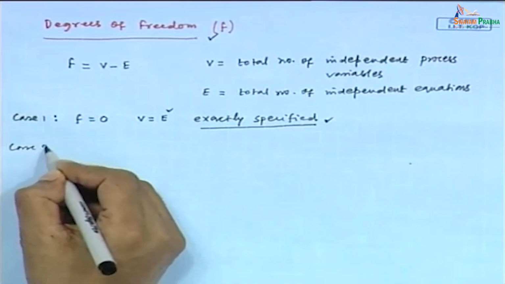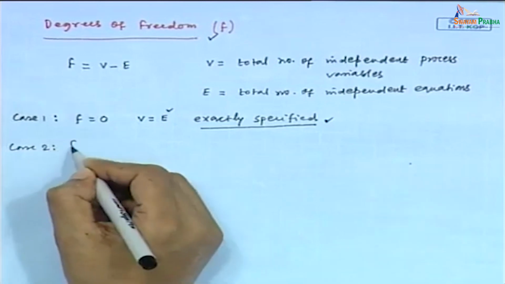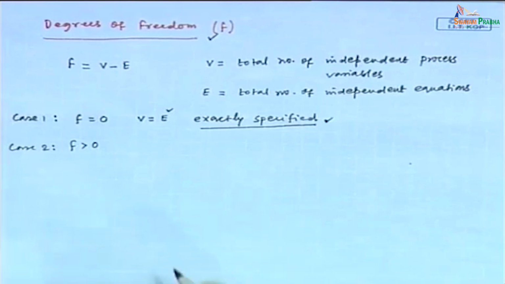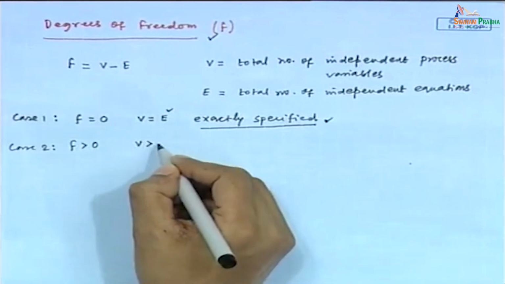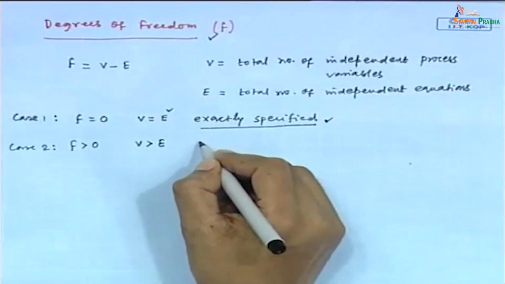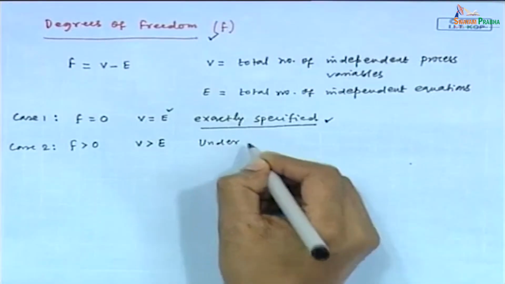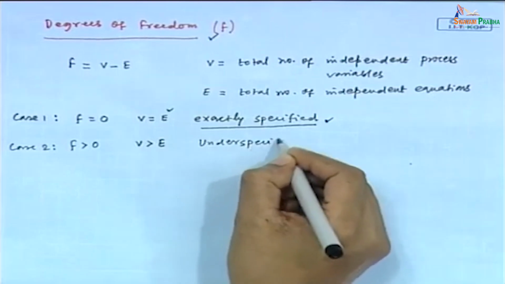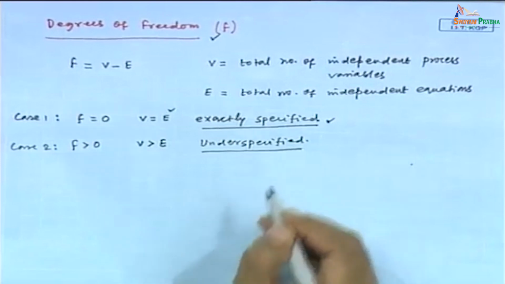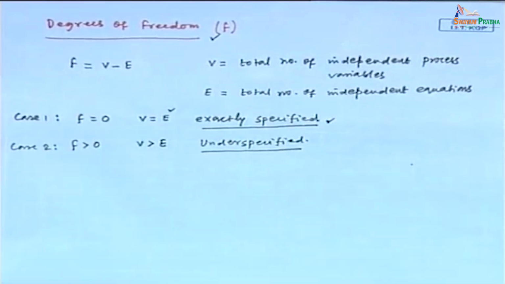In the second case, we will consider F greater than 0. That means V is greater than E. Fine. So, in this case, the system is called under specified. How can we make it an exactly specified system?